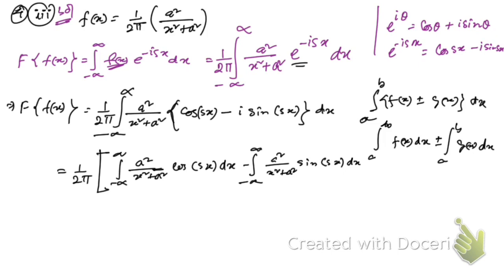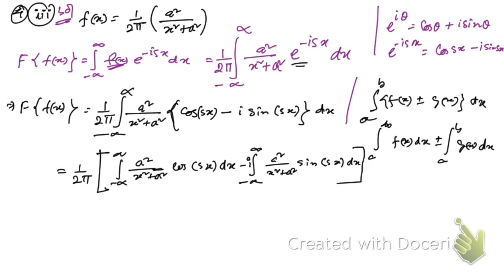I forgot to write the i, so let me write it outside the integral. So that's how we can do it using this property. Hope you have understood this.